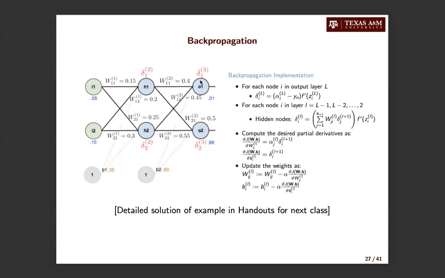If we were to show this schematically here, this would mean that as part of this backpropagation process, we would estimate the errors here at the output layer. We would update the weights at this output layer based on this update rule here.